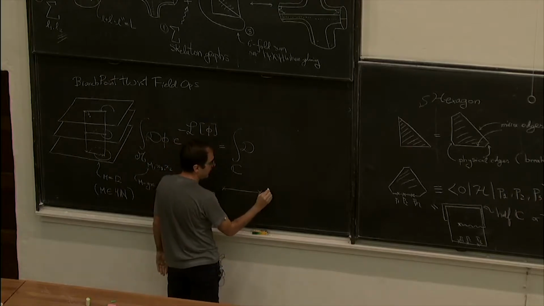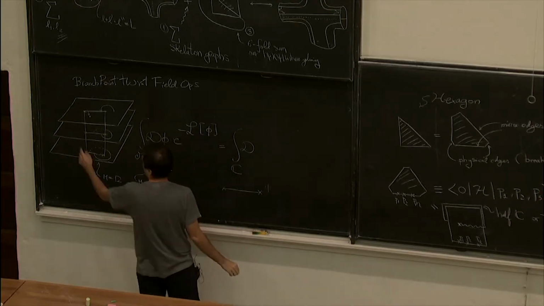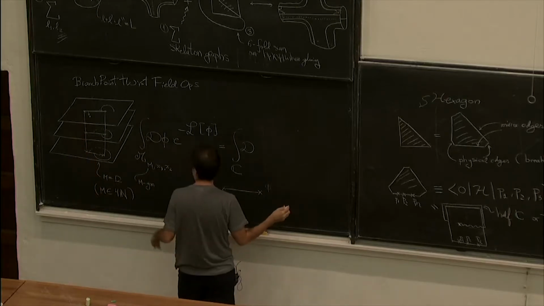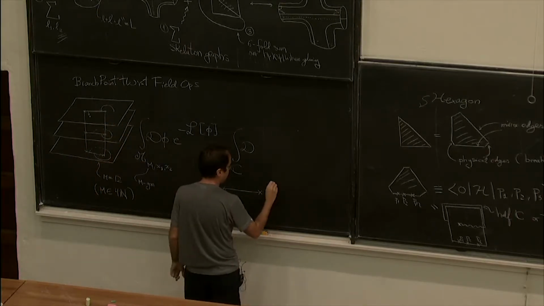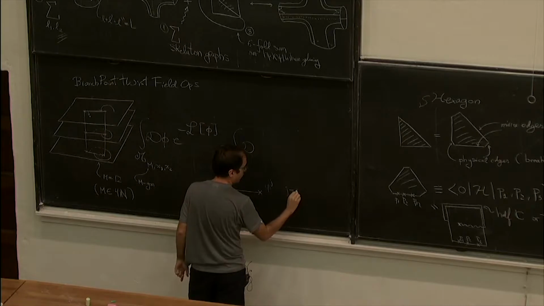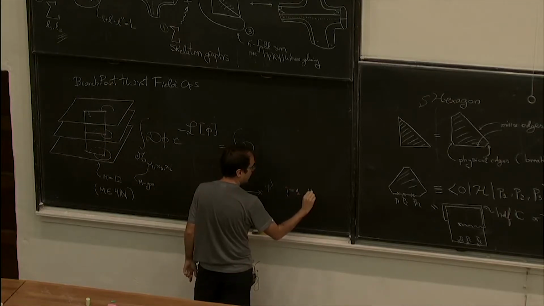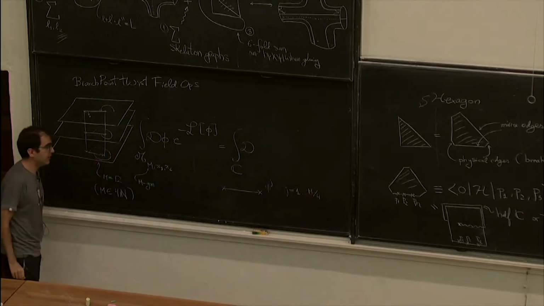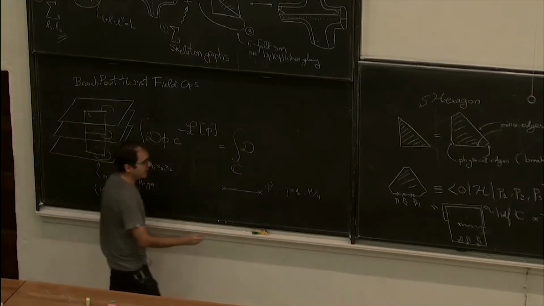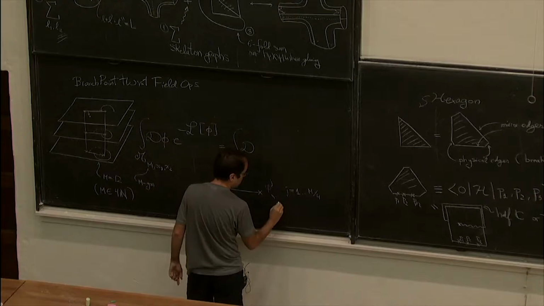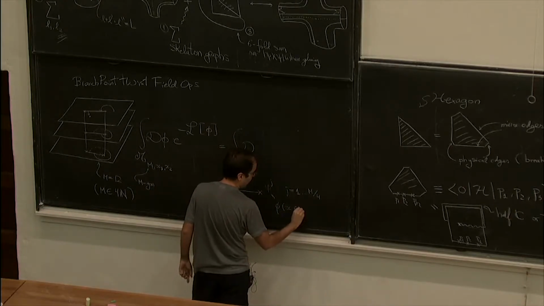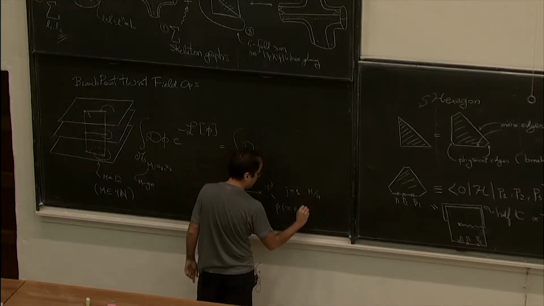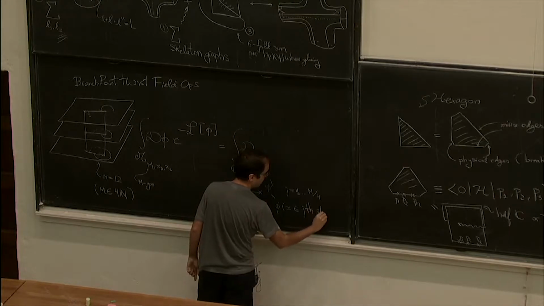Instead of having one field on the Riemann surface, I will now have phi j, where j runs from 1 to m over 4, in this case from 1 to 3, so there are 3 copies. And this phi j was what was before phi when x took value in the jth sheet.